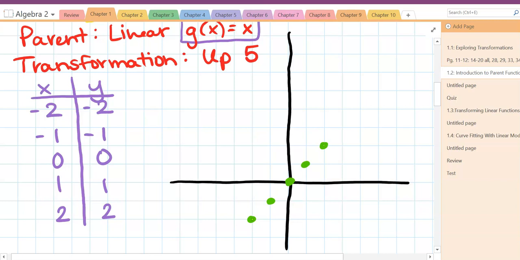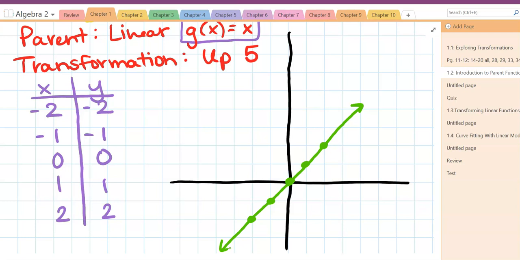You should see that this is going through the origin. It looks exactly like the parent function that I have up in that chart up above that we talked about at the beginning. Grab something so you can draw your straight line. Again, if you have your lunch card or something like that, that works really well if you don't have a ruler on you. Okay, so that's the parent function.